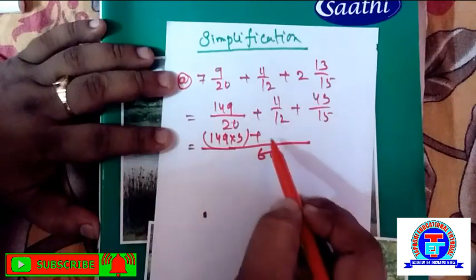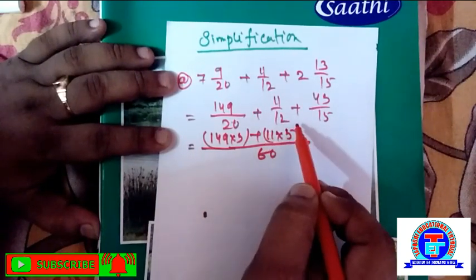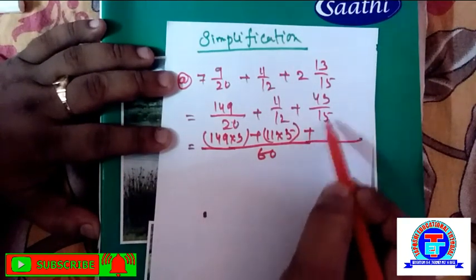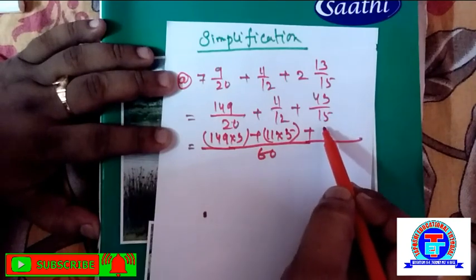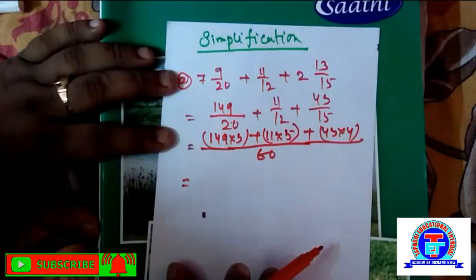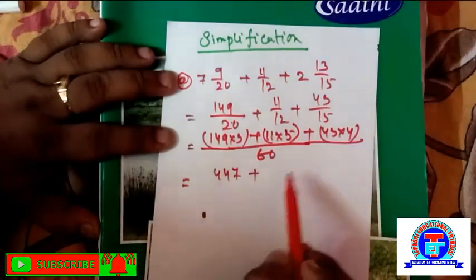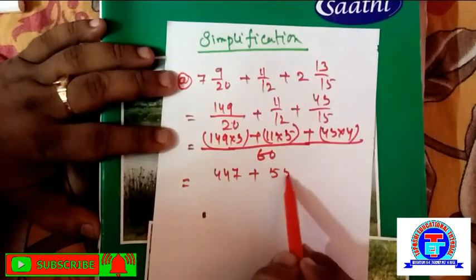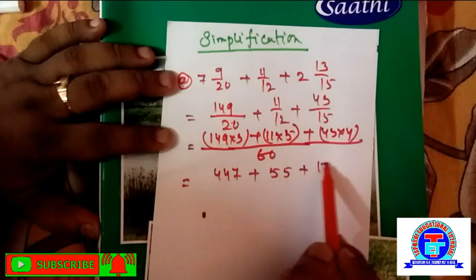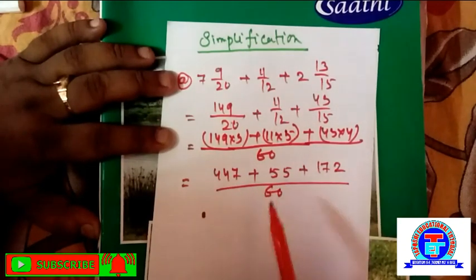Plus 12 5 ja, so 11 into 5, plus and this one 15 4 ja, so 43 into 4. Now this one will become 447 plus 55 plus 172, right, by 60.